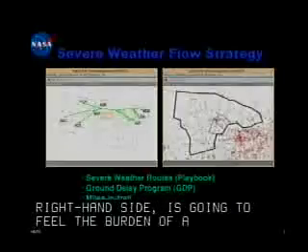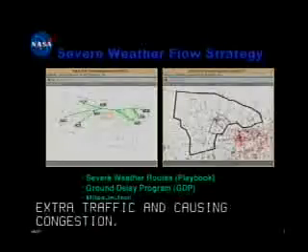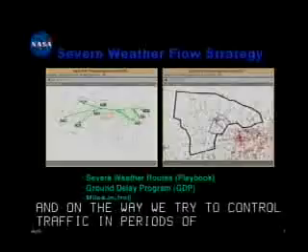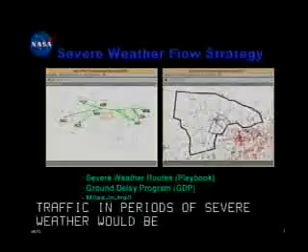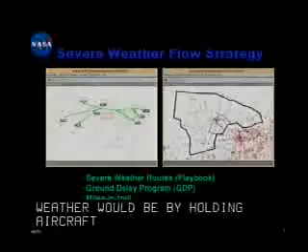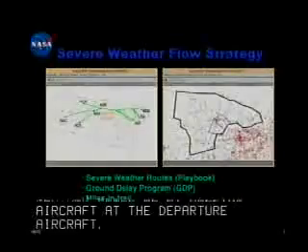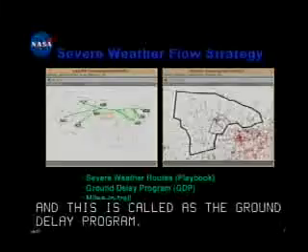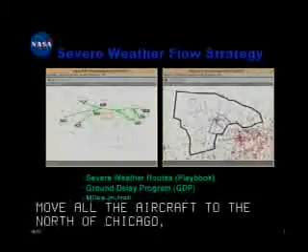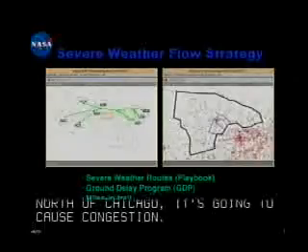And another way we try to control traffic in periods of severe weather would be by holding aircraft at the departure airports. And this is called the ground delay program. And I mentioned that when you move all the aircraft to the north of Chicago, it's going to cause congestion. The way we deal with congestion today is by slowing down the aircraft.